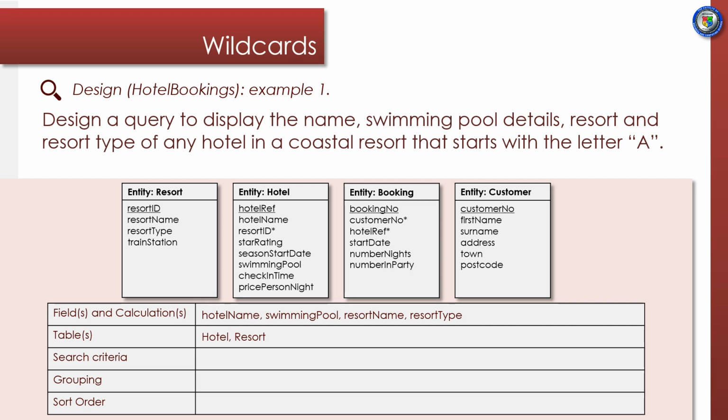We will take these from the hotel table and the resort table. Our search criteria would be resort type equals coastal and resort name like A asterisk.